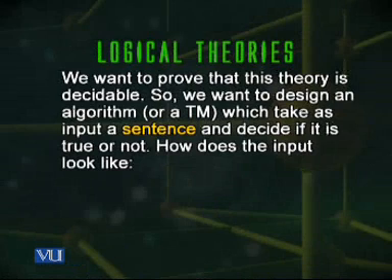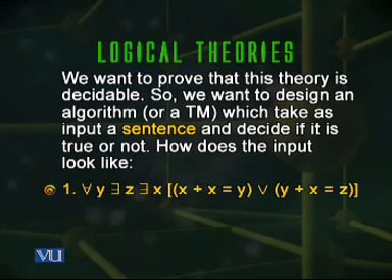We want to prove that this theory is decidable. So we want to design an algorithm or a Turing machine which takes as input a sentence and decides if it is true or not. How does the input look like? Well, the input would look like for all y there exists a z, there exists an x, such that x plus x equals y or y plus x equals z.